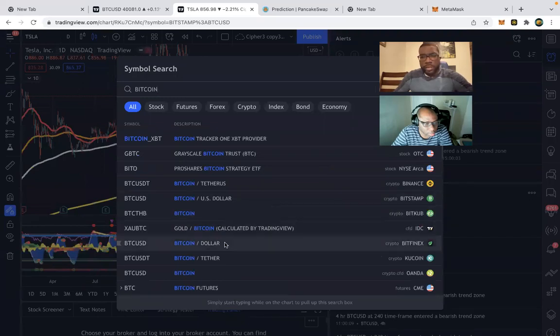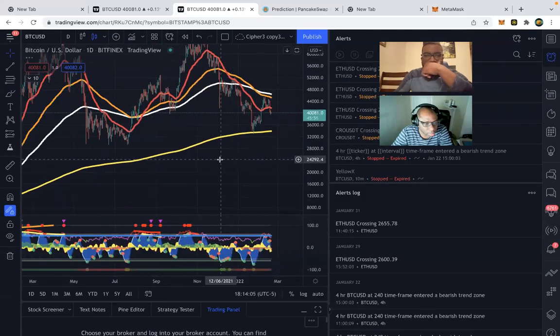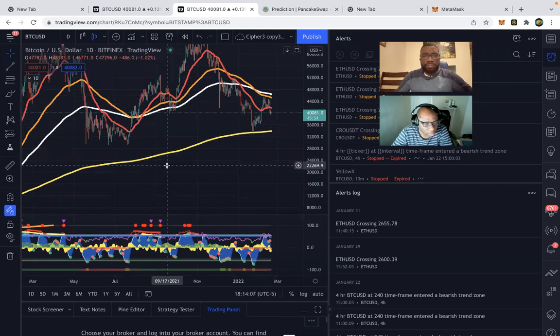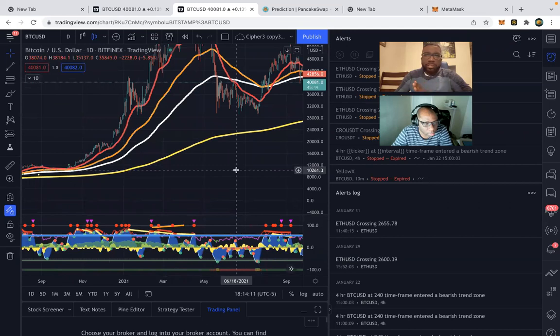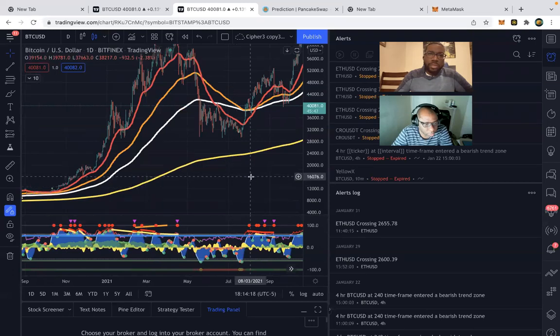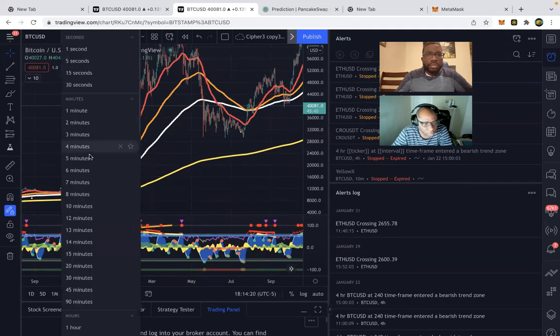So let me explain them to you a little better now. I always look at the day chart first to see the trend of the market, the flow of it. One thing I realized too, is when the EMAs, let me use the 8-hour chart.